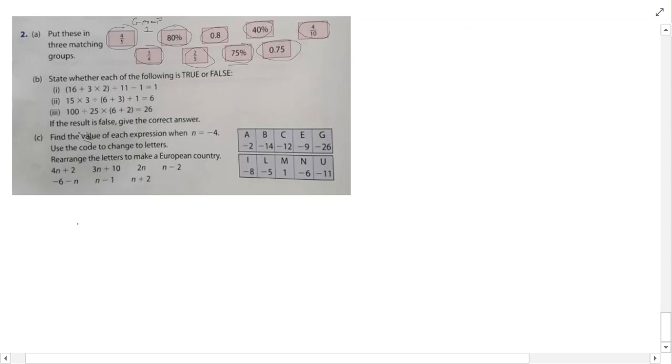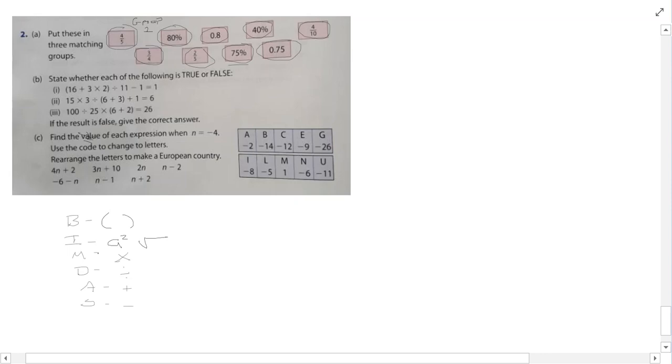So remember BIMDAS: brackets, indices, multiplication, division, addition, and subtraction. Remember 2 to the power 2 is an indice, or you can have the square root, that's also an indice.